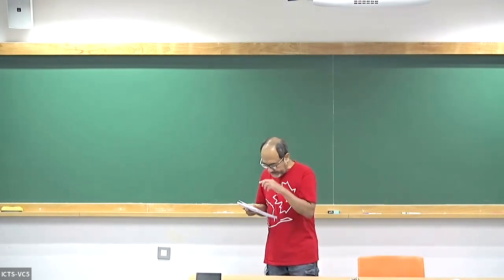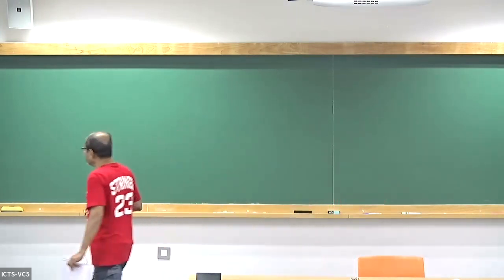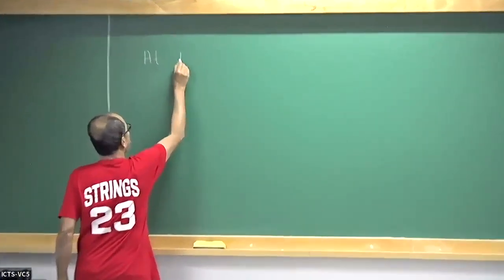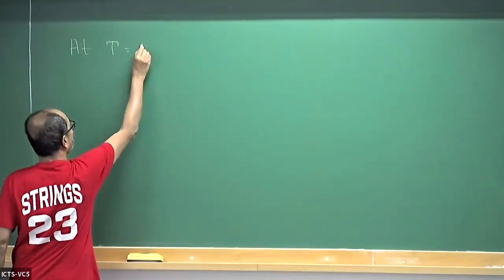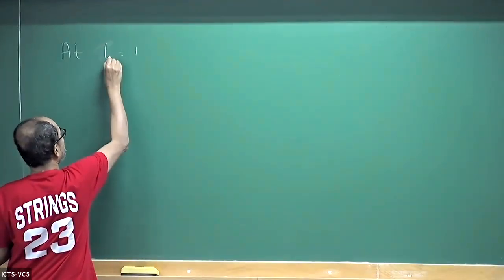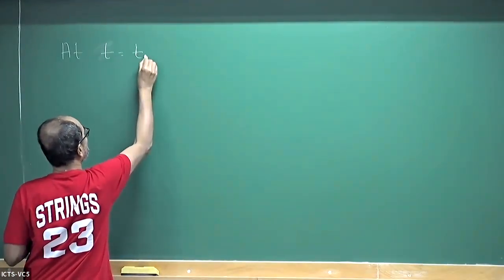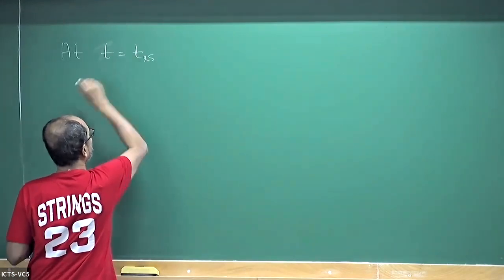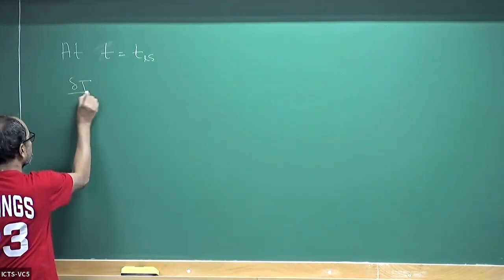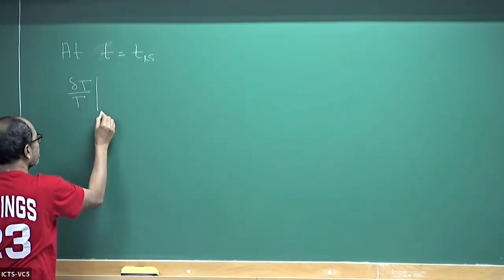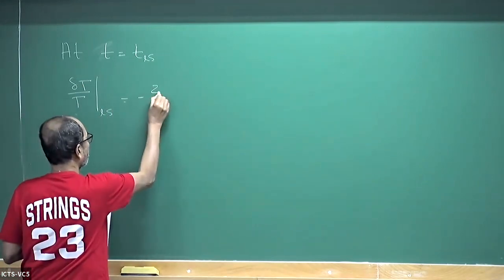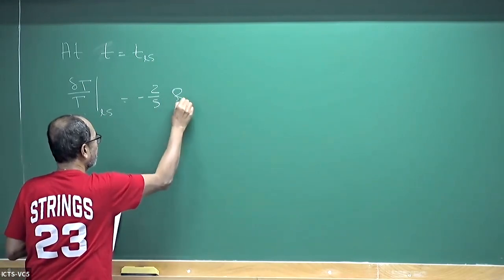Okay, so last time we calculated the delta T over T. At T equal to T last scattering, the delta T over T was calculated to be minus 2 over 5 R at T star.